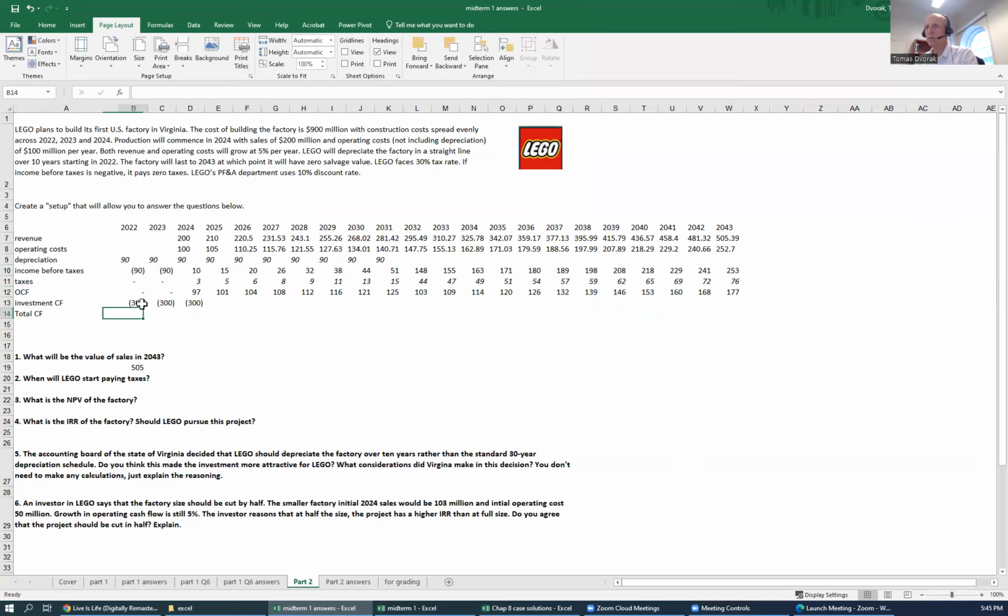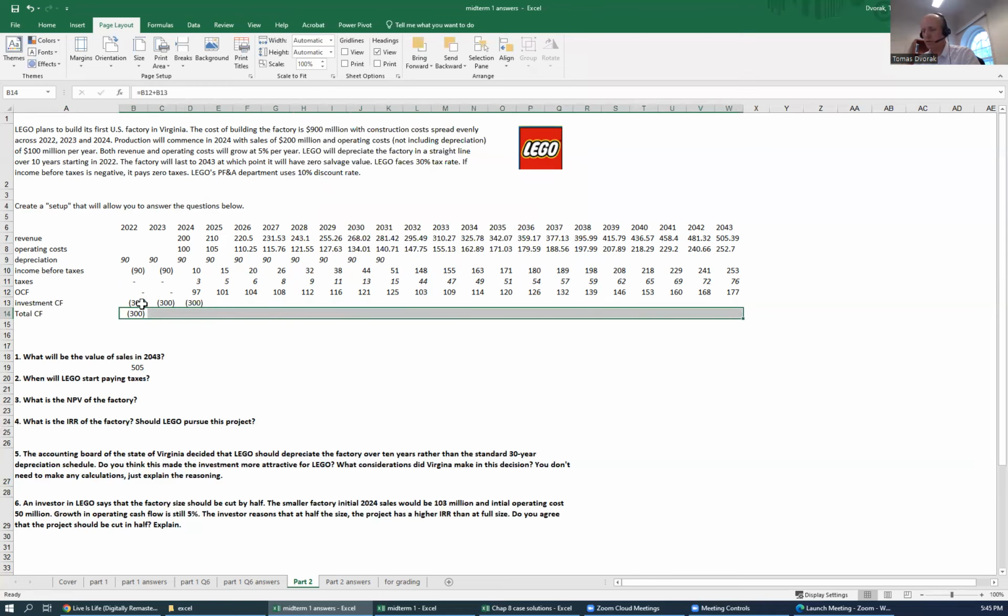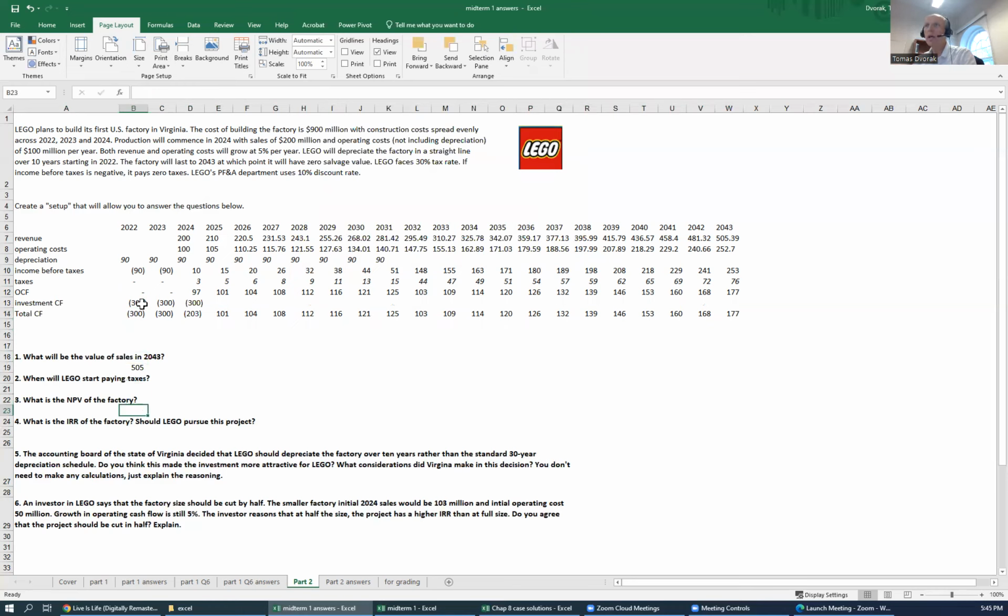So we can calculate total cash flow associated with this factory, which would be the operating cash flow plus the investment cash flow right there. We can stretch it all the way to 2043. And this is what's going to help us calculate the NPV of this project.